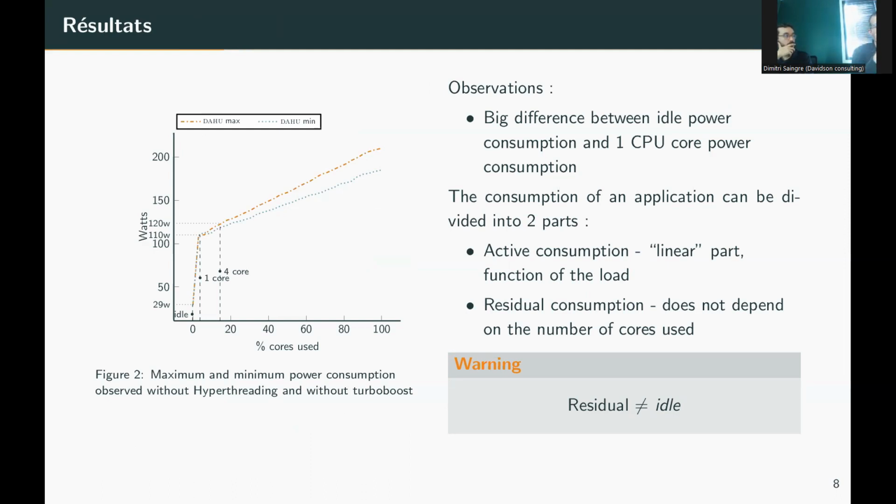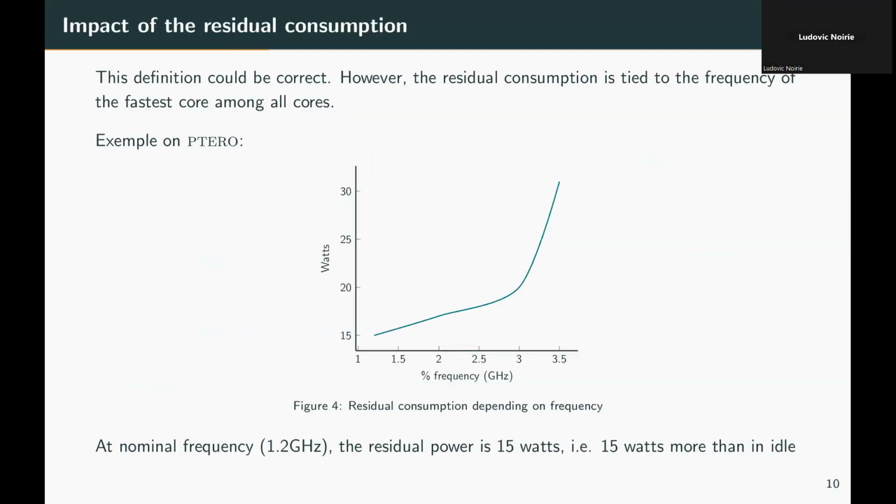And we did that with different kinds of stress functions, and we had linear consumption with that load. But you are right, it only works without hyperthreading and without turbo boost. And actually, we'll come to that part. Okay, thanks.